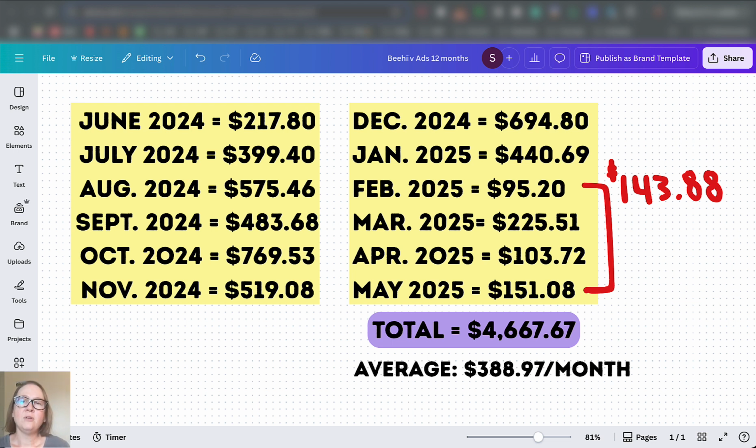So I think if you are looking at Beehiiv and Beehiiv ads as a way to earn a reasonable amount of money from your email newsletter, it's just not something I think you should do anymore. Sure, you can run lead ads on Facebook to get more people on your list.